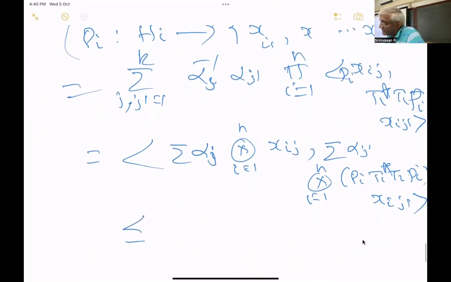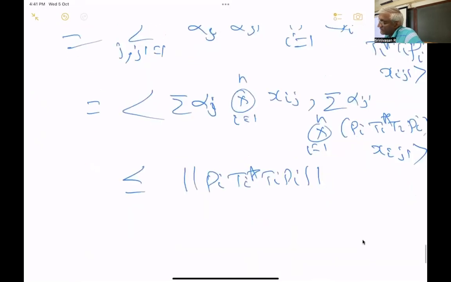So that will imply this is equal to the norm of P_i T_i star T_i P_i. We can take the norm of this, times, and then you will be left with just the summation alpha j x_ij norm square. I mean, the inner product of x with Tx is less than or equal to norm T times norm x square.